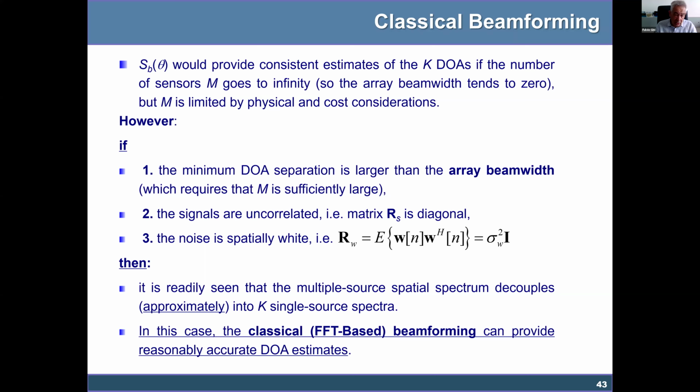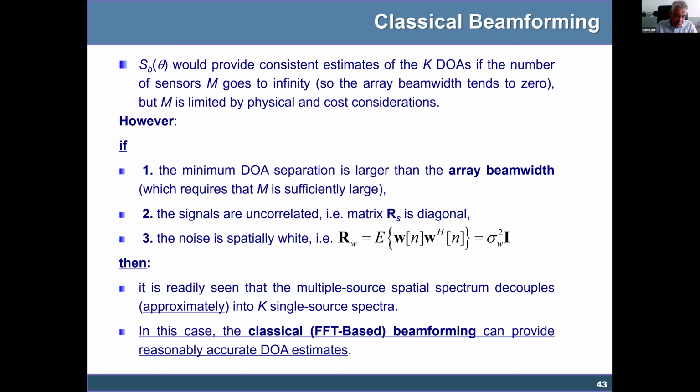So what do I mean? If the DOA separation is larger than at least the array beamwidth, which depends on the aperture. So if they are spaced enough, the bias can be negligible.